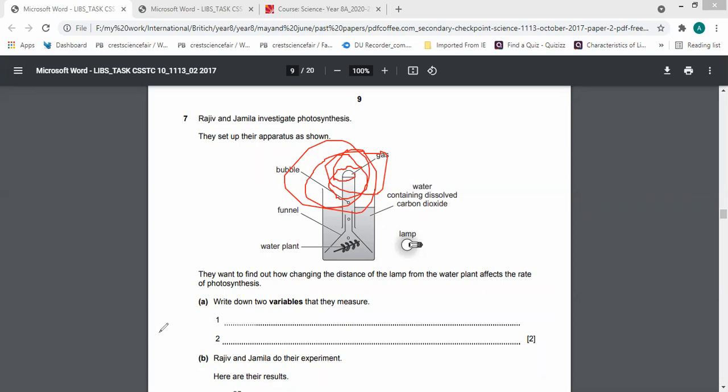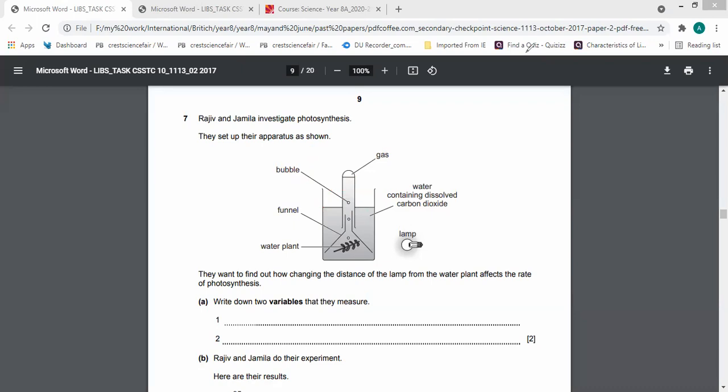The first one, number of bubbles. The other, distance between the lamp and the water plant, because the lamp in this figure acts as the source of light.